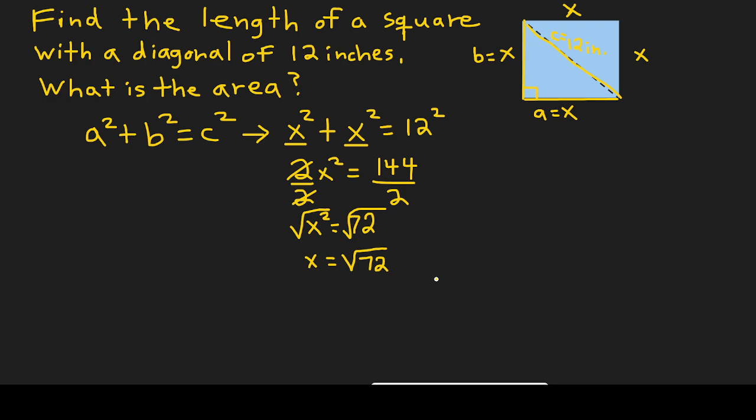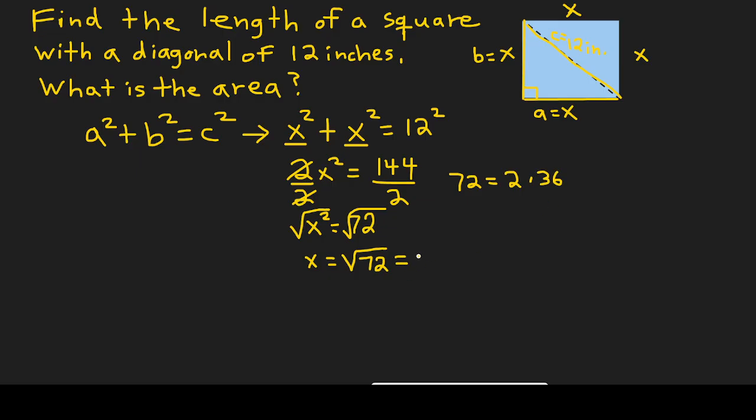Now to simplify the radical 72, we need to find a factor of 72 that is a perfect square. So we know 72 is 2 times 36.